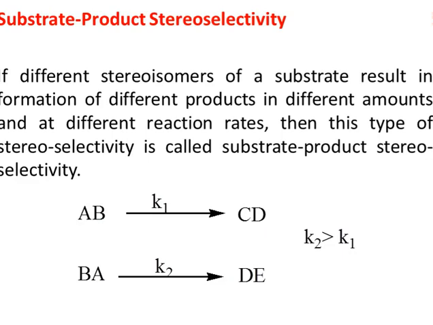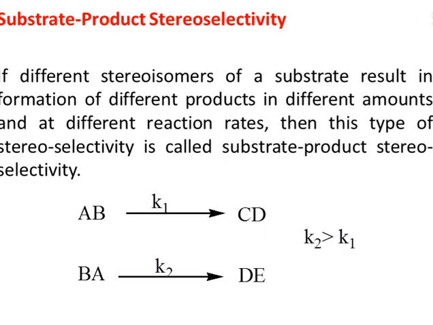We also studied that 100% stereoselectivity is called stereospecificity. Then we considered the enantioselective reaction: if a reaction results in formation of two enantiomers, of which one enantiomer is more dominant or is formed in larger amount or at a larger reaction rate, then this is called an enantioselective reaction.